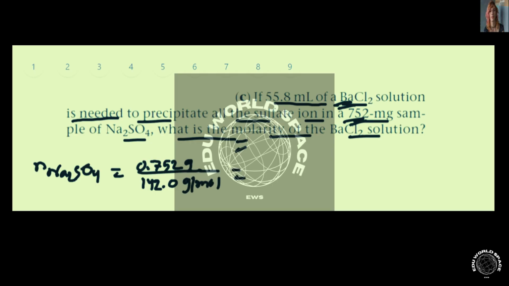And this will give us a value of 5.3 times 10 to the power minus 3 mole. Now we have found the number of mole of sodium sulfate.